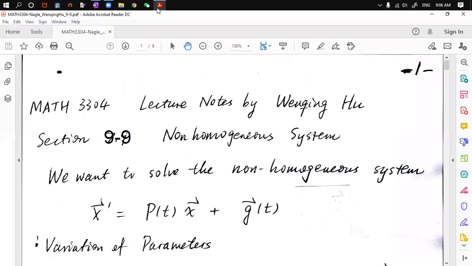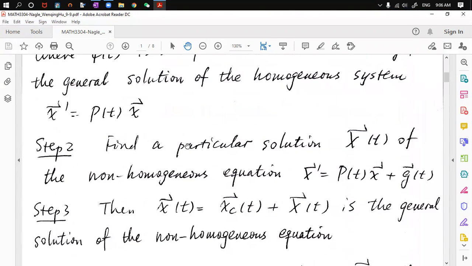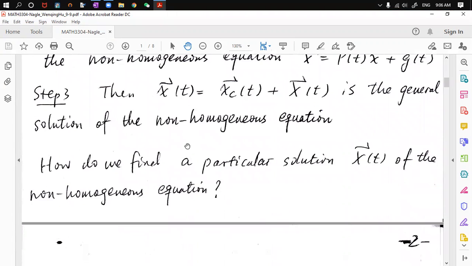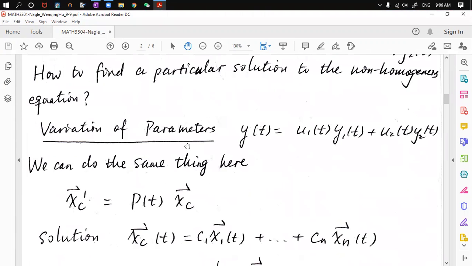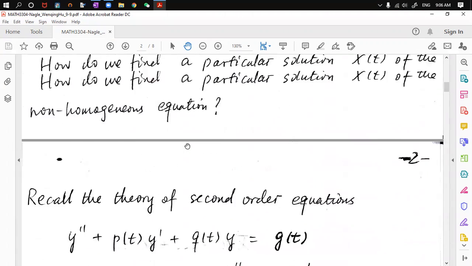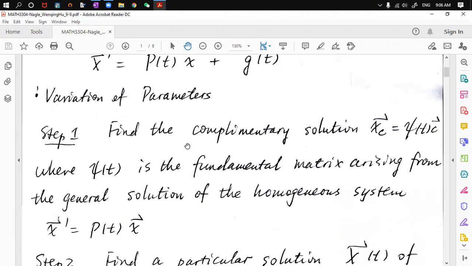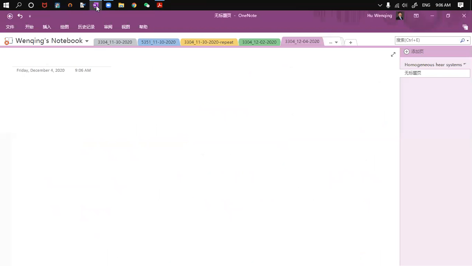This is the story for the whole problem. In order to do variation of parameters, we are going to work through this whole non-homogeneous system. If you give me the non-homogeneous system, let's say x prime of t equals P(t) x of t plus g of t, where in particular P can be the matrix A, then you first solve the so-called complementary equation.